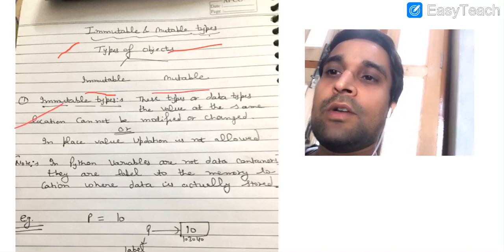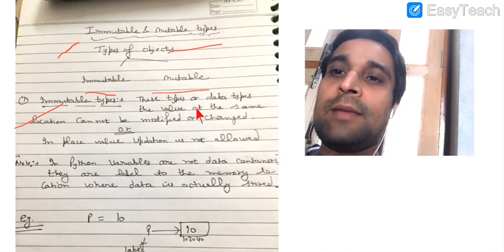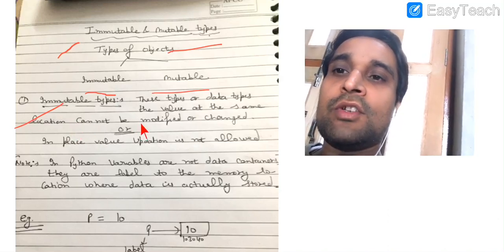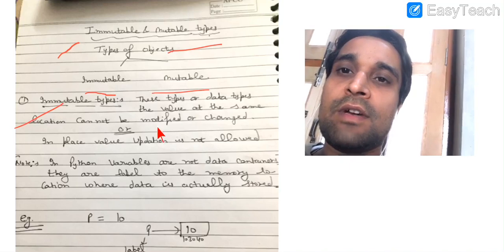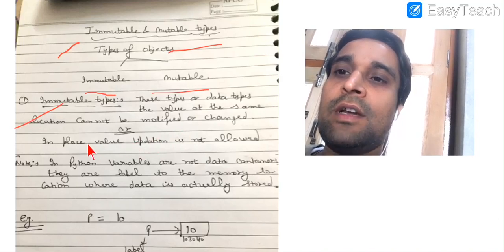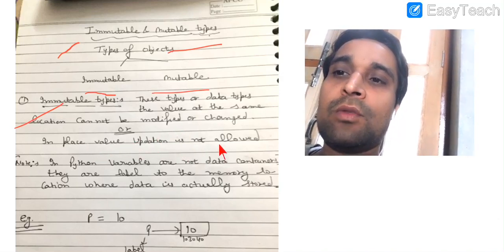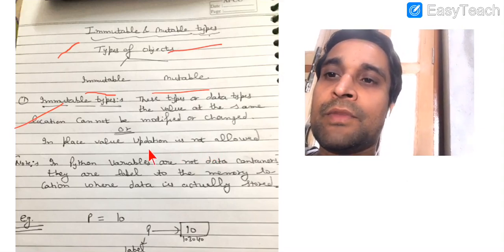Very first we are going to discuss immutable types. These are the data types in which the value at the same location cannot be modified or changed. It means if some value is saved at a particular memory location, then at the same location we cannot use any other value. In place updation is not allowed in immutable types available in Python.